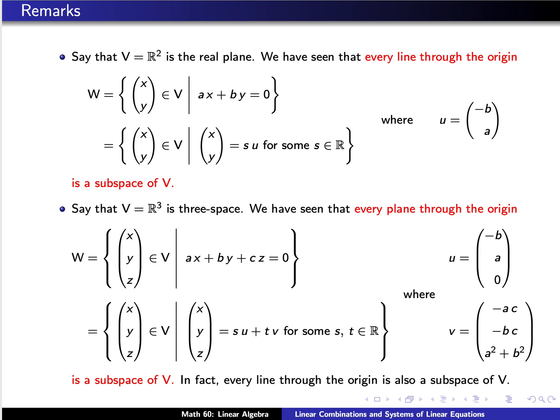Just like before, we could try to solve for z in terms of x and y, and what we find is that all of our points x, y, z look like a scalar times u plus another scalar times v. What we're saying here is that if we're in the plane, we can move infinitely far in 2 different directions, either in the u direction or in the v direction.